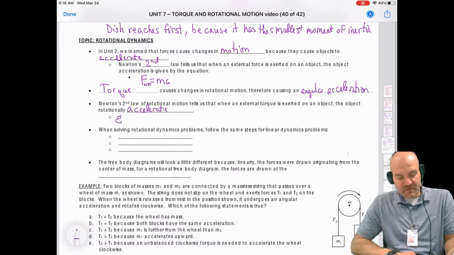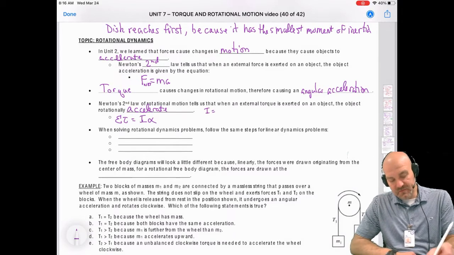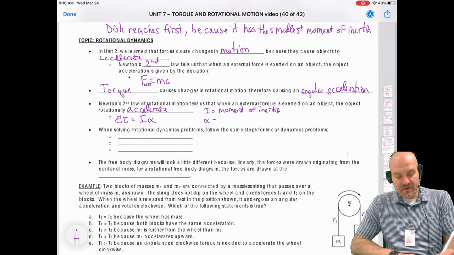The sum of the torques is equal to I times alpha. Remember, I is the moment of inertia, which we learned about in the last video. Alpha, again, is angular acceleration.